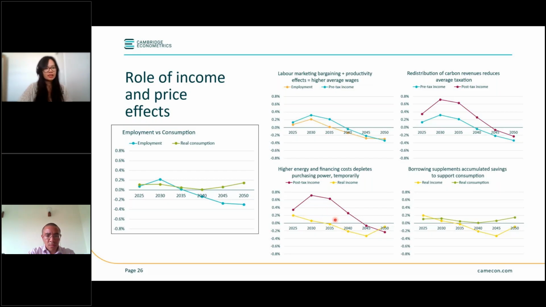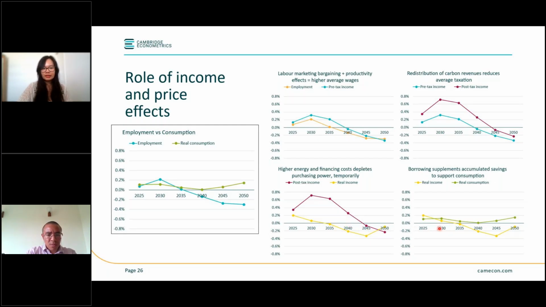But as we can see, this gap closes over time, and this reflects the benefits from deploying more low carbon technologies, which then bring their costs down through learning by doing, as well as the reduced exposure to carbon pricing over time as emissions come down.